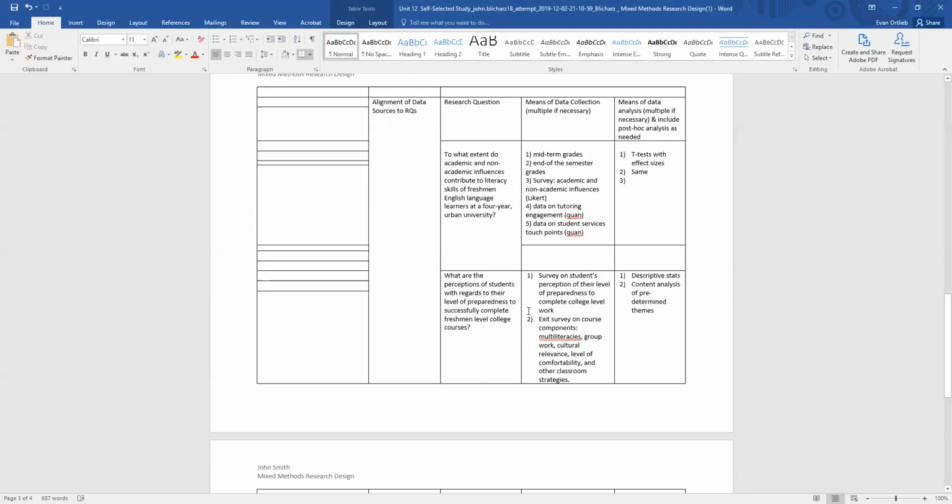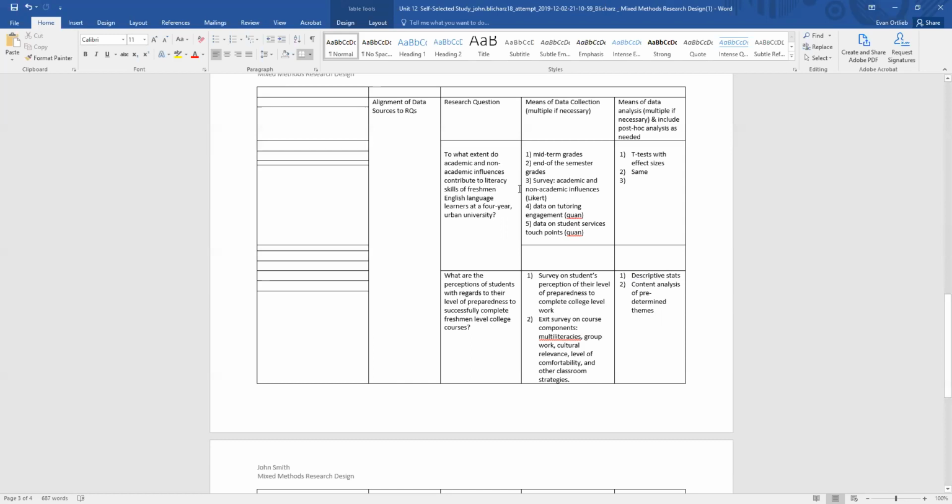Secondly, what are the perceptions of students? These are more qualitative in nature, most likely, through the exit survey, another survey, and John lists a content analysis of predetermined themes. That's just something you want to think about.